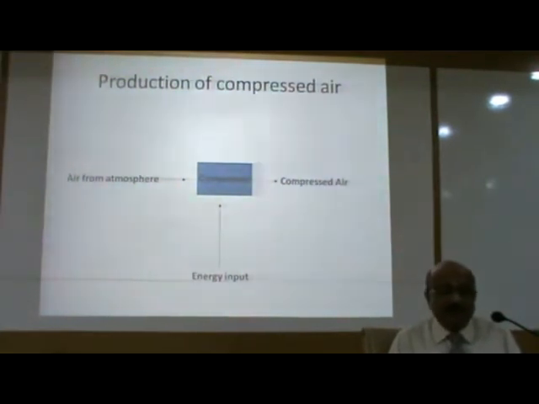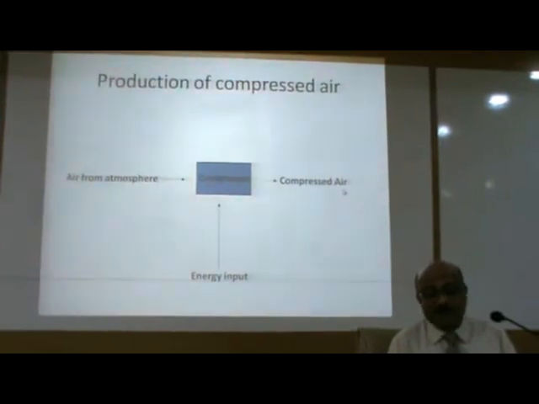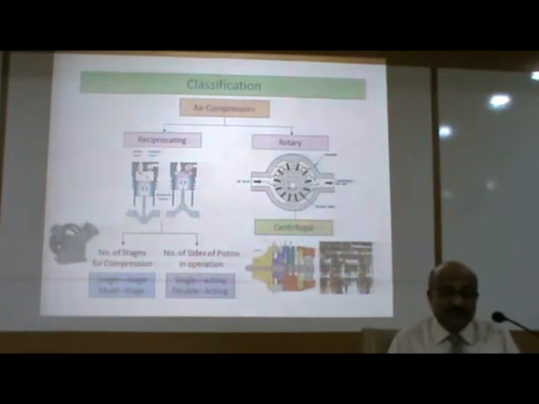Now, here is a simple diagram for production of compressed air. The compressor simply takes the air from the atmosphere and compresses it with the help of energy input, and the compressed air is the output. The classification of air compressors: broadly, it is classified into two, reciprocating compressors and rotary compressors.